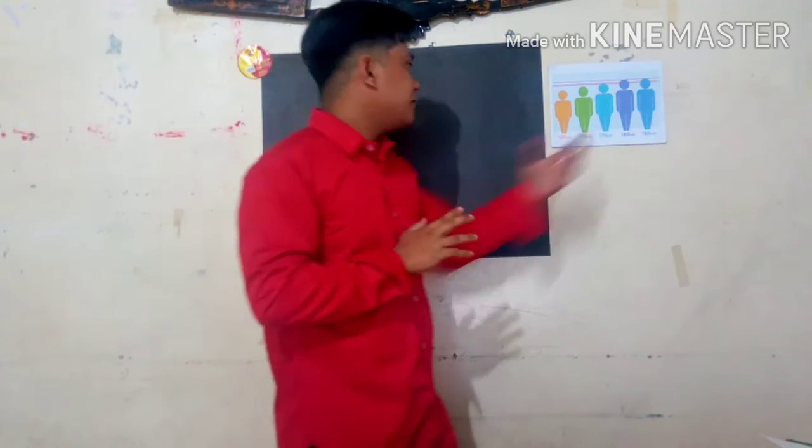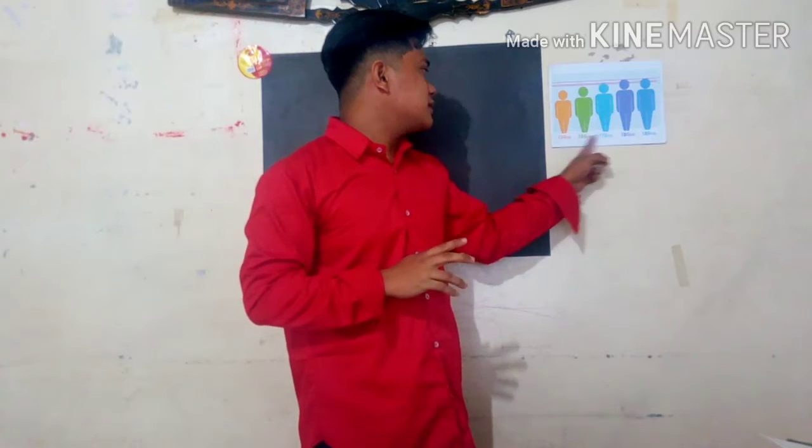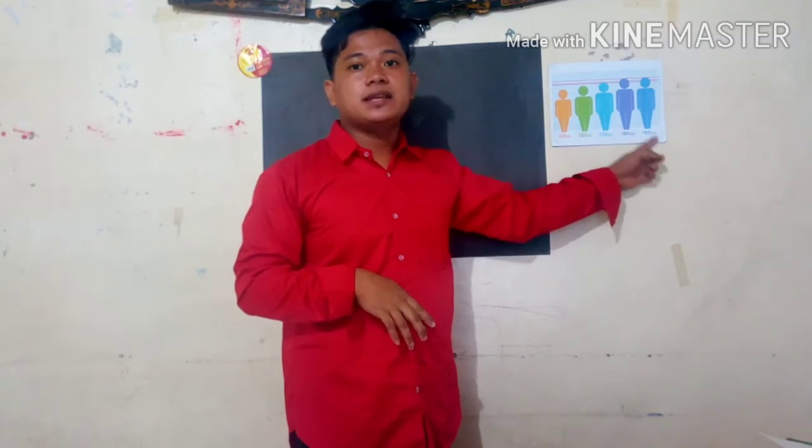Our average height is 168 centimeters. Sarah got the average by getting the sum of these heights and dividing it by 5, because 150 plus 160 plus 170 plus 180 plus 180 is equal to 840, and 840 divided by 5 gives us 168 centimeters as the average height.